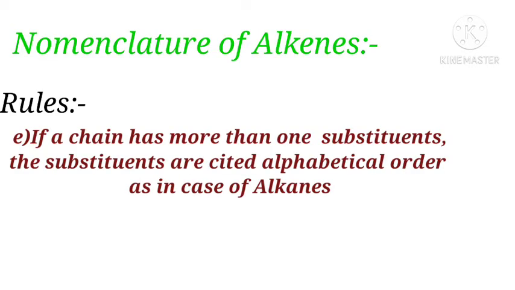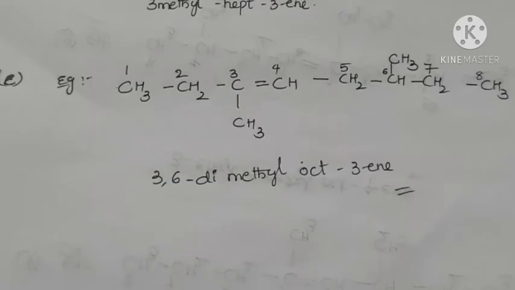And the next rule for naming alkenes is, if the chain contains more than one substituent, the substituents are cited in alphabetical order, same as alkanes. Look at this example.